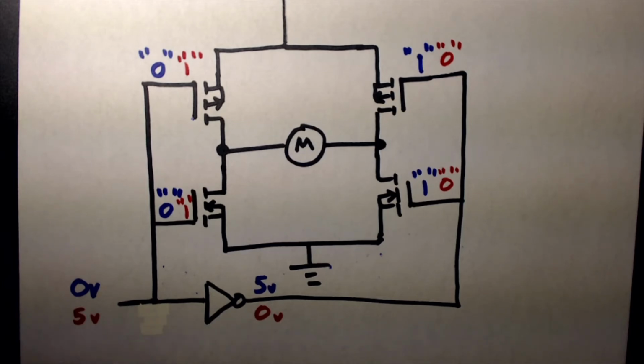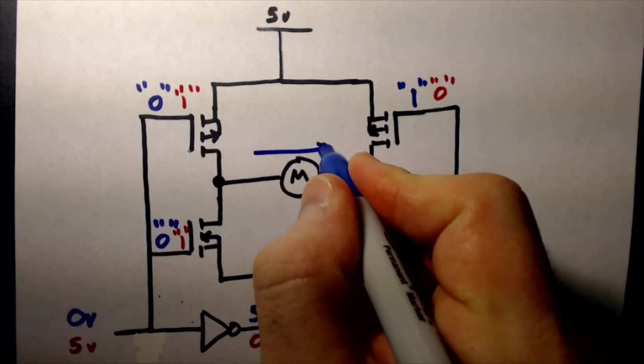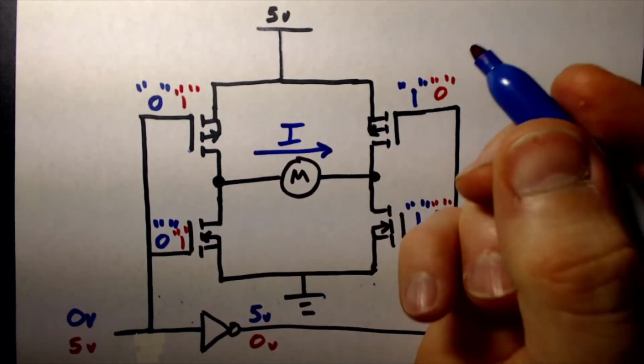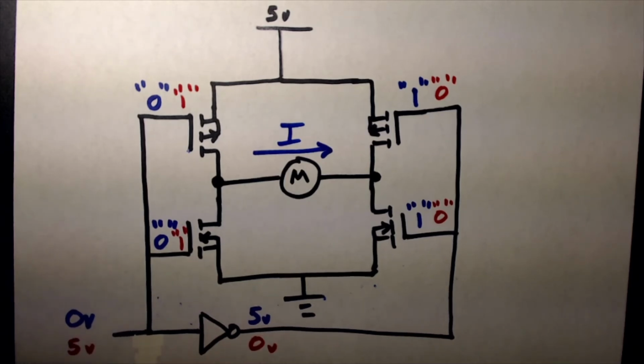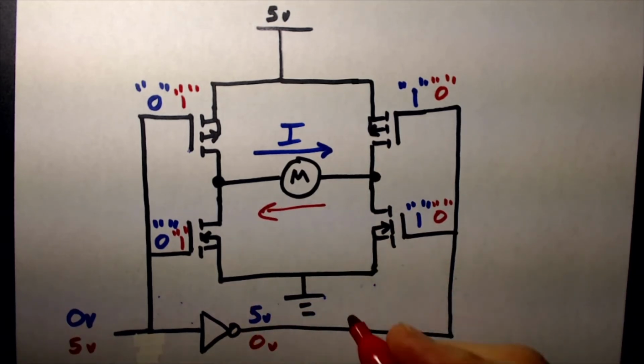And that gives us our desired relationship, where we get our current going to the left when we apply 0 volts, and the current going to the right when we apply 5 volts.